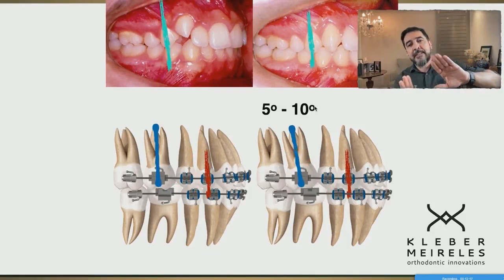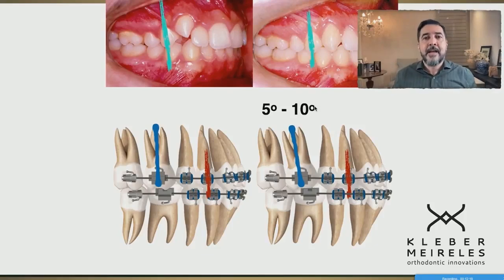Because we have this 5 to 10 degree angulation of the first and second molars, allowing the intercuspation of the premolars to be better. So this is the first topic that I want to address with you. The intercuspation of the molar is very important, and the angulation allows the other teeth to intercuspate in the anterior segment, from premolar forward.